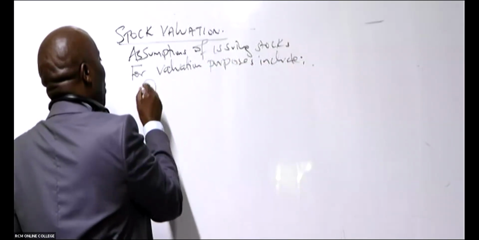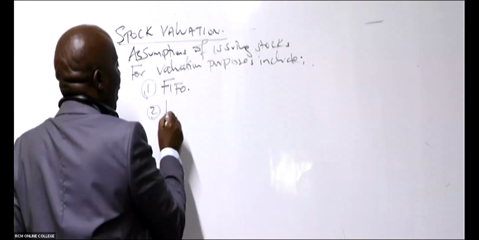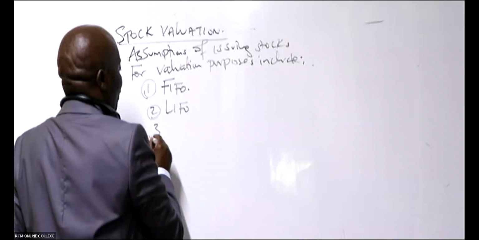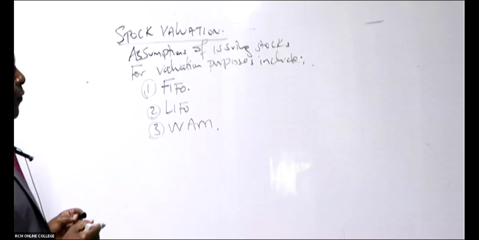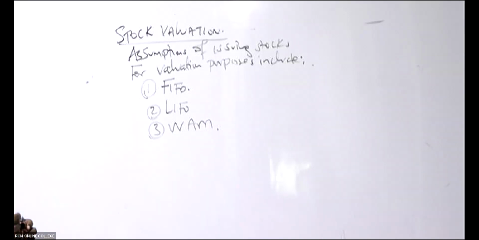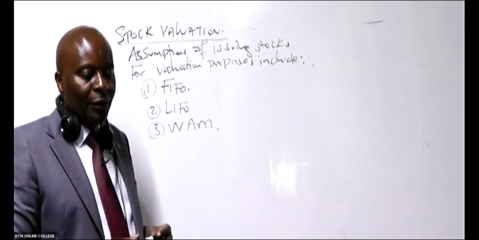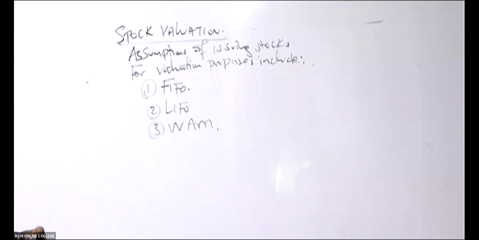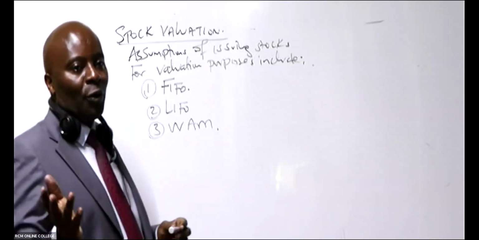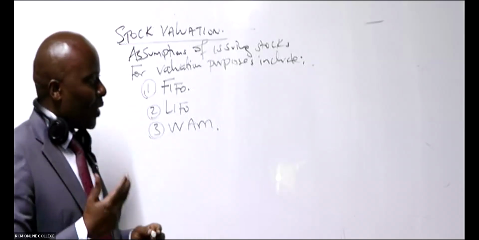They include number one, FIFO. Number two, we have LIFO. Number three, we have what we call WAM. So we have FIFO, LIFO, and WAM. FIFO is first in, first out.